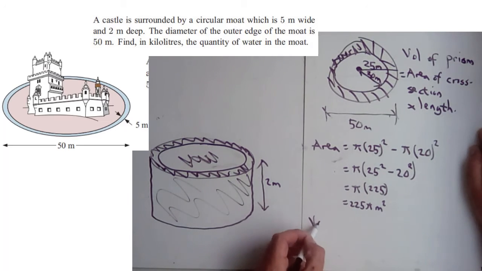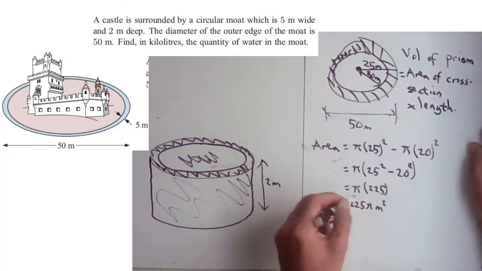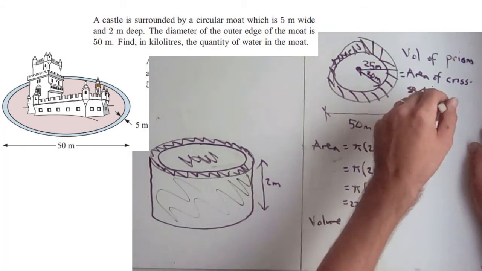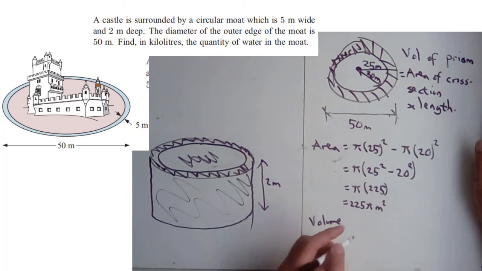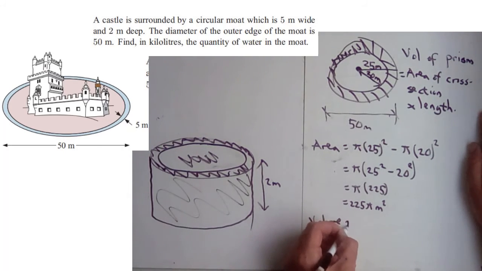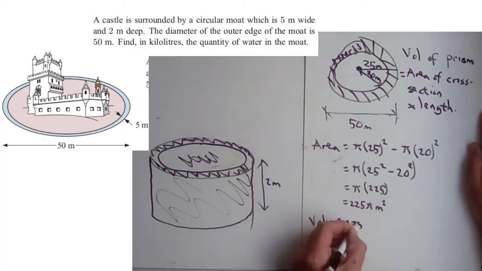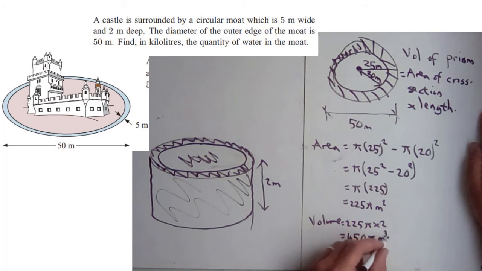So the volume now, remember, it's just area of cross section, which we have, 225 pi, times length, as in the length that this cross section goes through the shape, which is 2. So it's 225 pi times 2 equals 450 pi, and it's meters cubed.